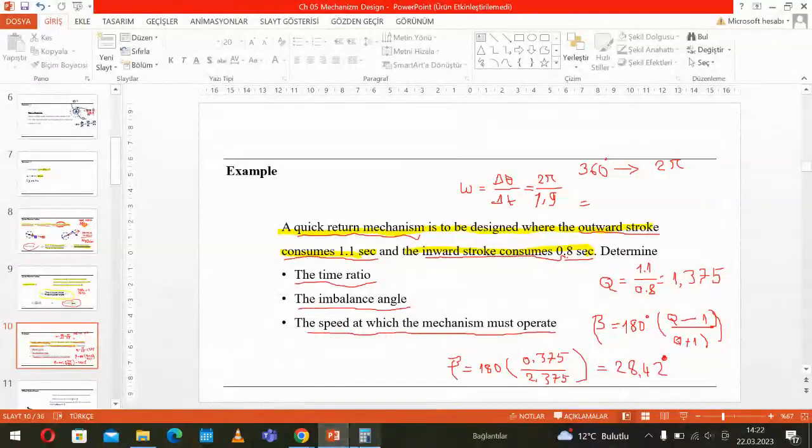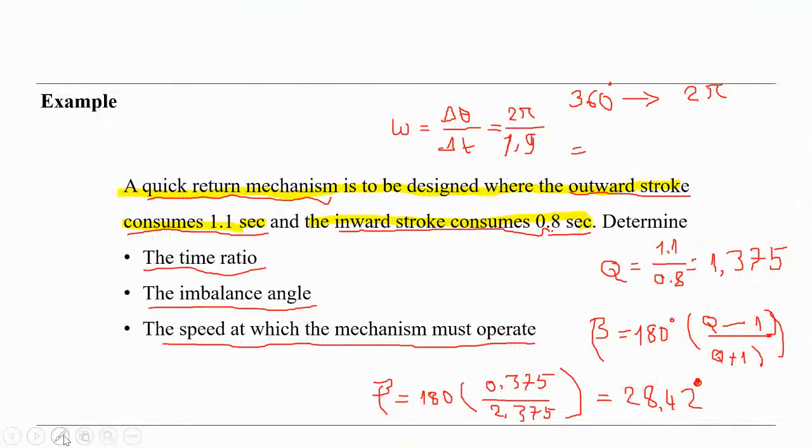So this is equal to 3.3 radians per second. This is the input speed of our mechanism.